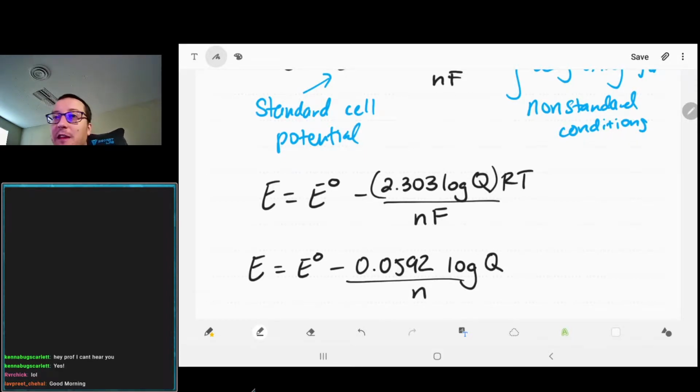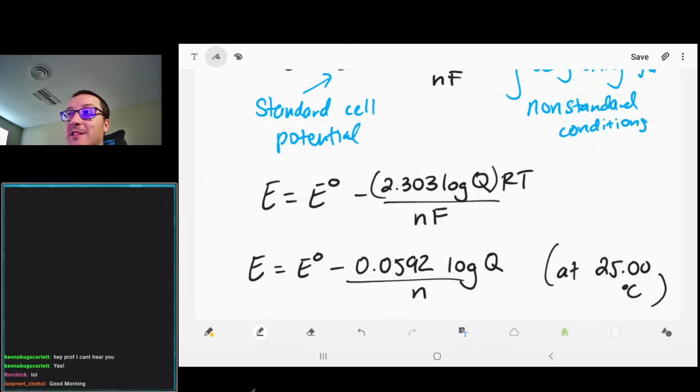That's the most common form of this equation. So this is again at 25 degrees Celsius, or 298.15 Kelvin.